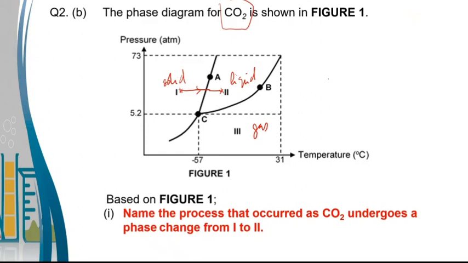The process that solid changes to liquid is called what? Melting. It's called melting. Name the process, so we just name it only. We do not have to explain how the process occurs. We just say melting process.